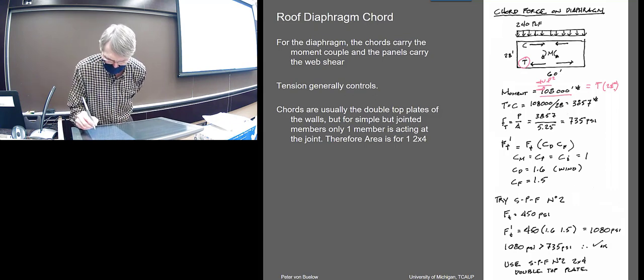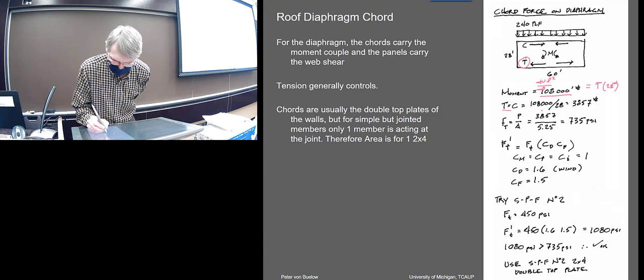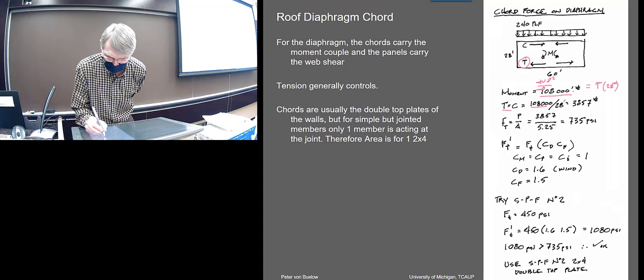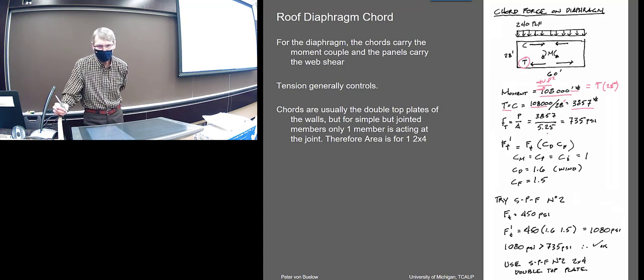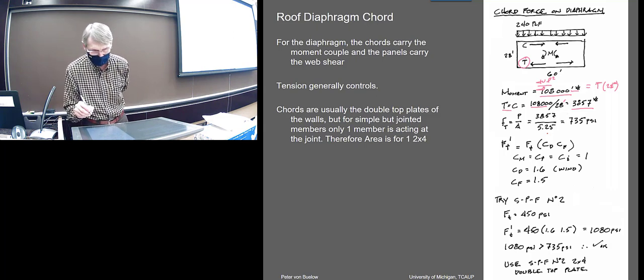Okay, so to calculate T, we take the moment and divide it by that 28 feet. This is in foot-pounds, so we come out with pounds. That gives us a tensile force of 3,857.